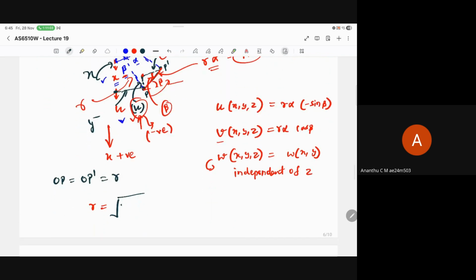So r is the square root of x square plus y square. Sin beta is y upon r, and cos beta is x upon r. So we have the values of r, sin beta and cos beta. These we can put here.